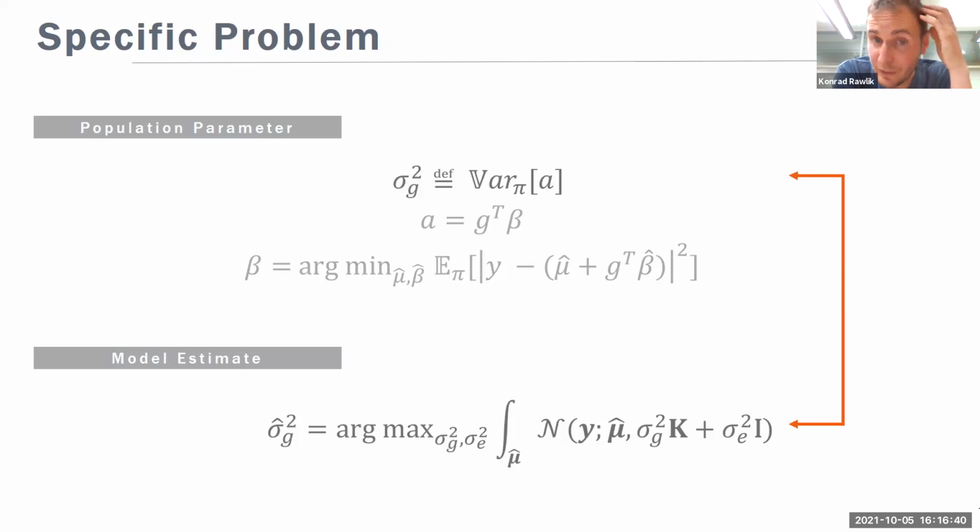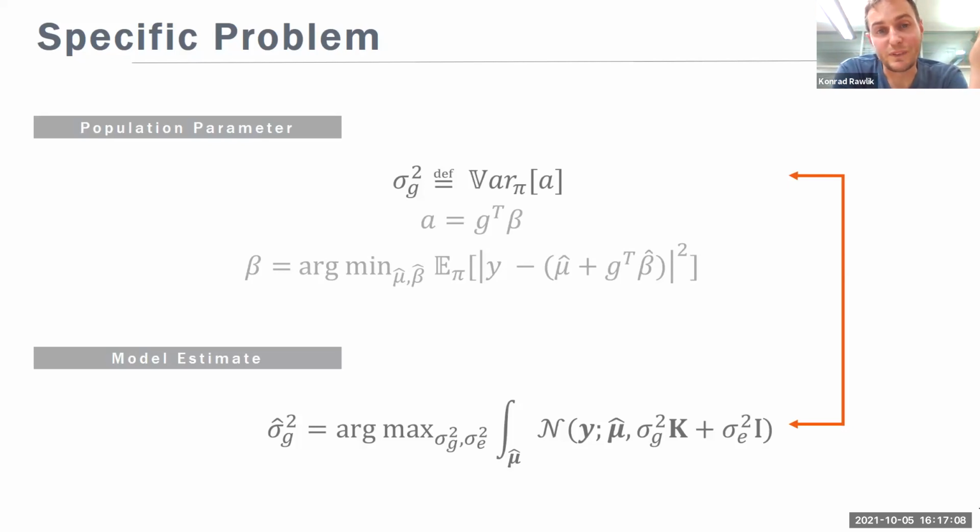And all you have there is a variance and an expectation. Both are taken with respect to this unknown pi. But overall, we have written down a definition of the genetic variance or SNP genetic variance, that is the genetic variance captured by the set of SNPs in G. Obviously, we can't compute it because we don't know pi, but that's why we're here.